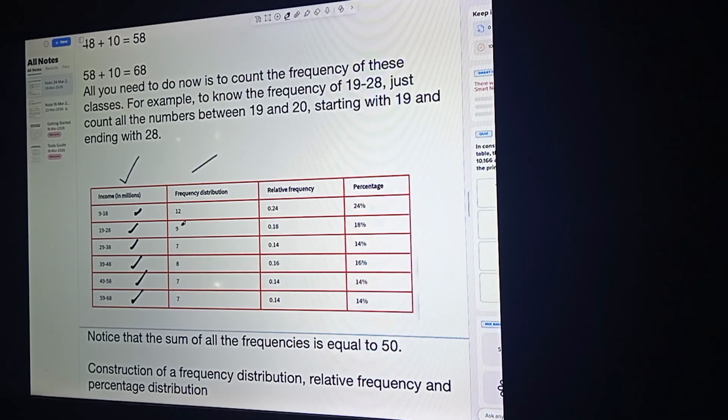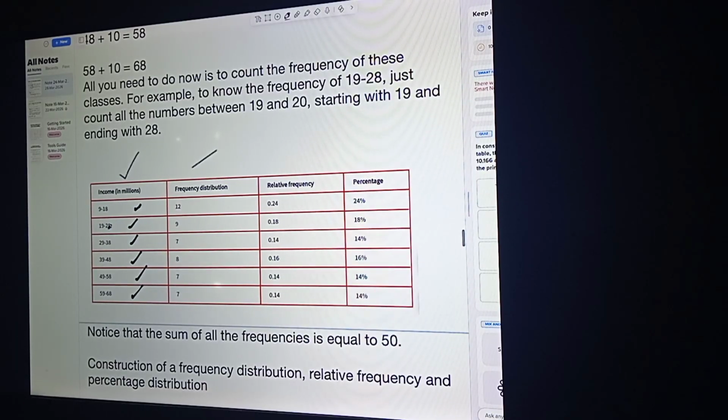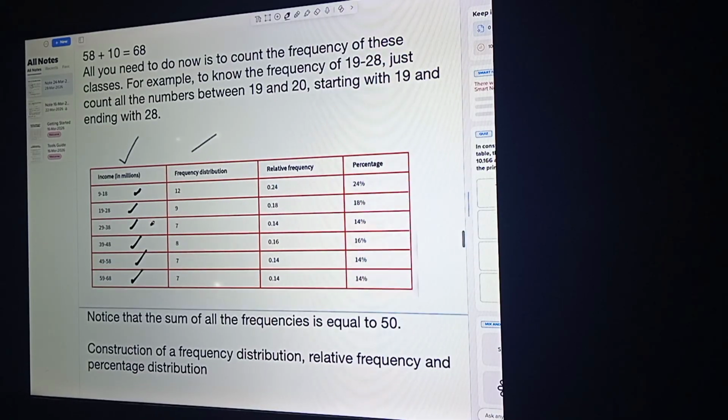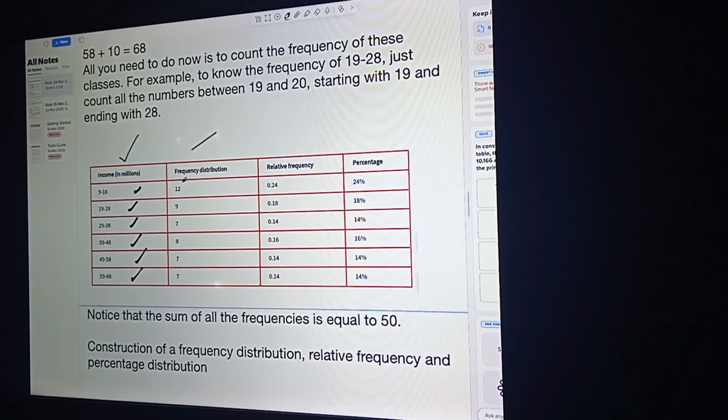And 9 persons have 19 to 28 million rupees in their bank or somewhere, and so on. But where did this frequency come from, where did this 12 come from? This 12 means that there are 12 persons who lie in this interval.